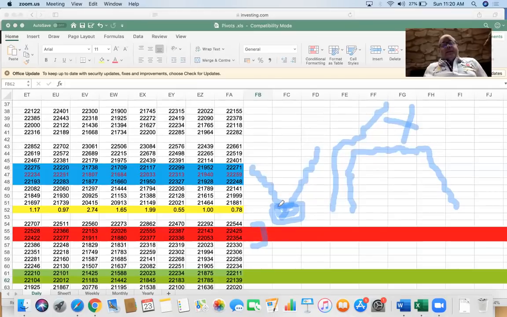Okay. So if this zone holds up and this zone starts to get rejected, what is rejection? You make a big green bar from this zone. This is called rejection of the zone. Okay.